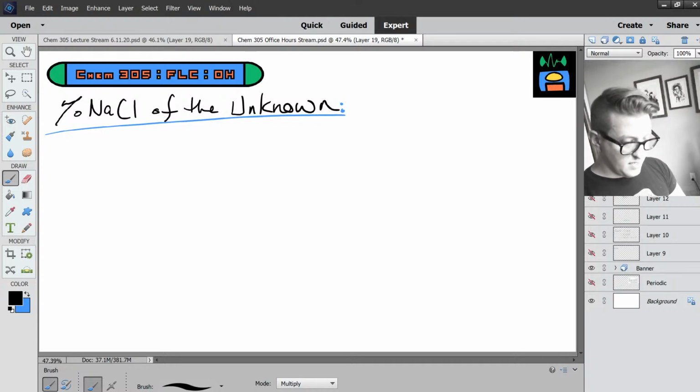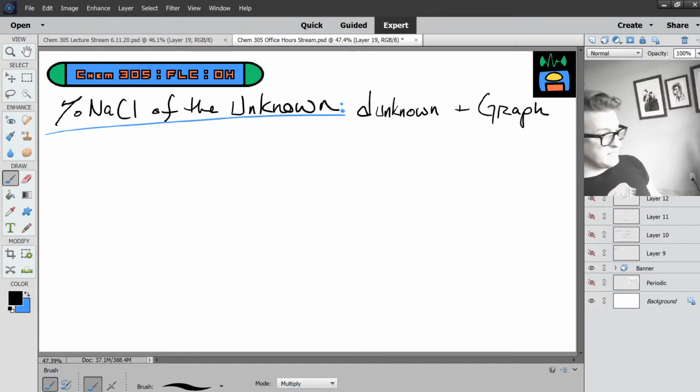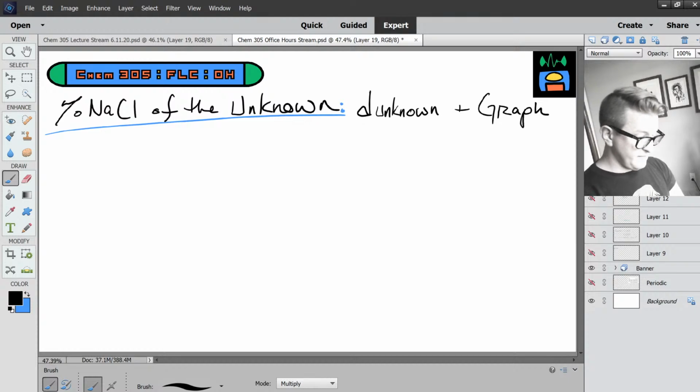You need the density of the unknown, and you need your graph of all the other things. Now, for this problem, I'm going to make up a graph.